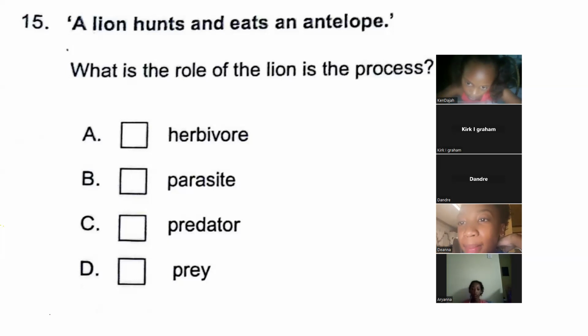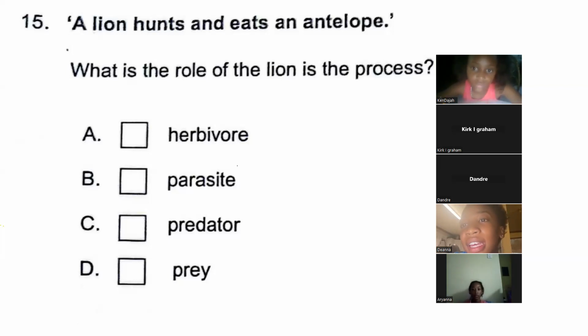All right, can I have Diana read this question, please? A lion hunts and eats an antelope. What is the role of the lion in this process?